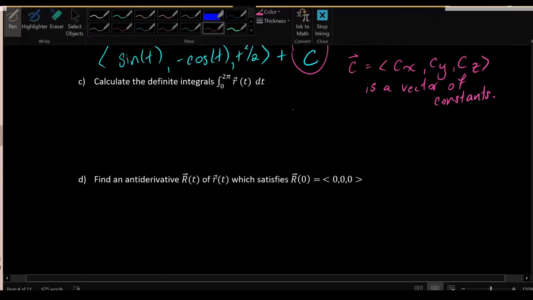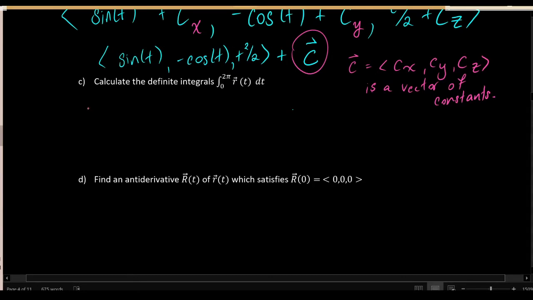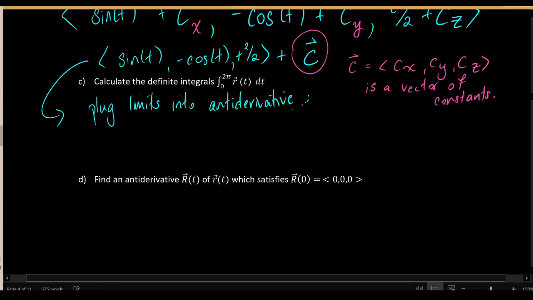So in this case, I can take my favorite antiderivative from part B. For example, I could take sine t, minus cos t, t squared over 2, and plug the limits into that antiderivative. So plugging in the upper limit, I get sine 2 pi, then the lower limit sine 0, subtract those.